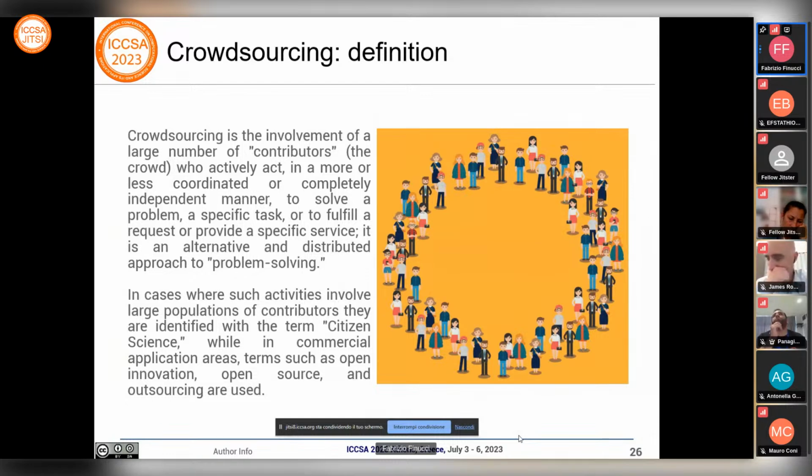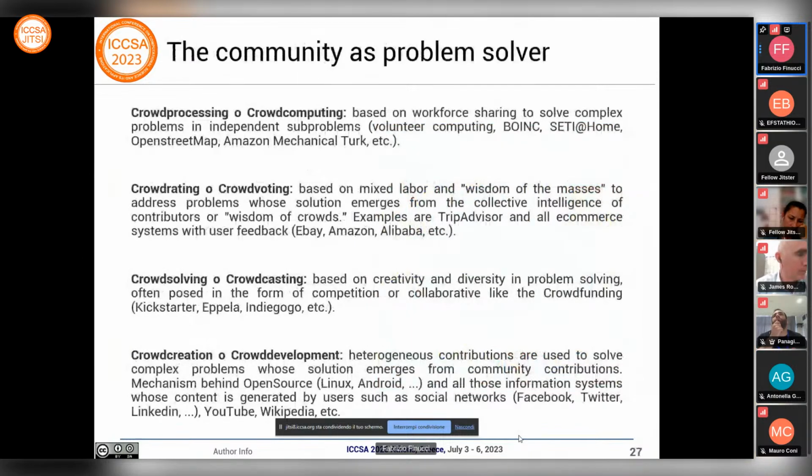It is what is called nowadays citizen science, maybe pushed by the post-normal science concept of Ravetz and Funtowicz. We are already having experience with crowdsourcing when, for instance, we give feedback about the things that we buy online.